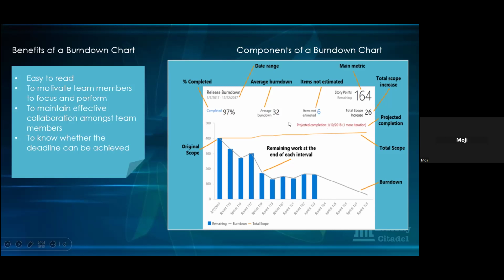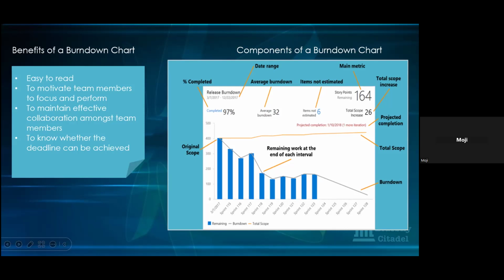So this chart looked at the way this team is working every sprint, and it has given a projection, that at the rate at which they're going, they'll be able to finish this by the 10th of January 2018, because normally Azure is an American product, so their dates are always in the American version.